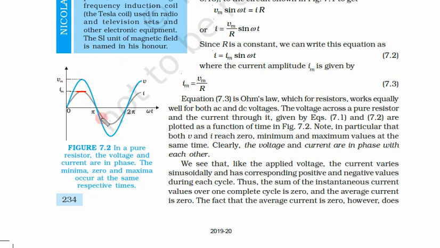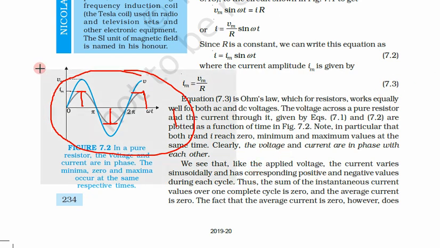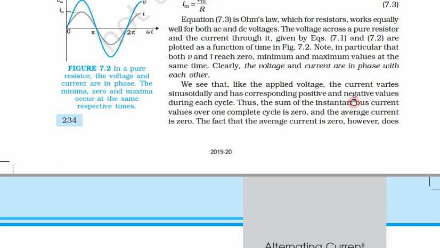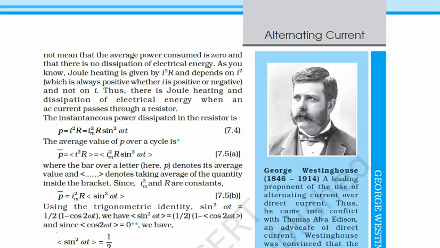This is positive current, this is negative current, so the average current in the circuit is 0. But the power consumed will not be 0. Why? Because power is not simply I, but I square R. So even though the average current in the circuit is 0, the power consumed is not 0.